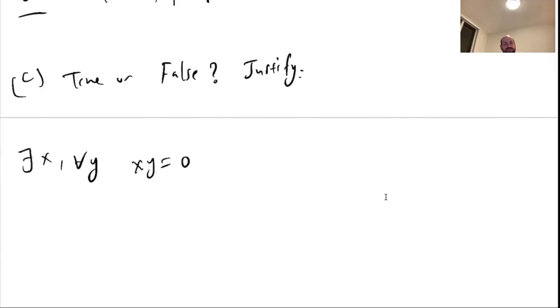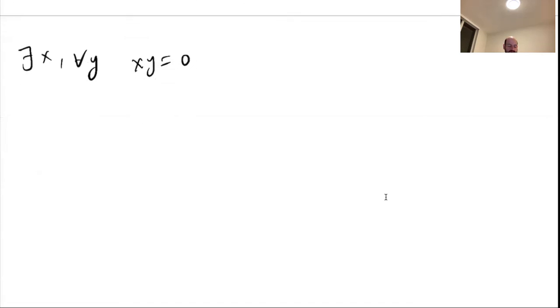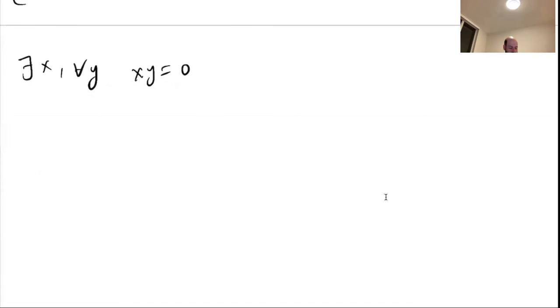But what about 0? If I set X to be 0, can I say that 0 times Y is equal to 0 for every Y? Yes, that's true, right? For every Y, 0 times anything is 0. So this one is true.